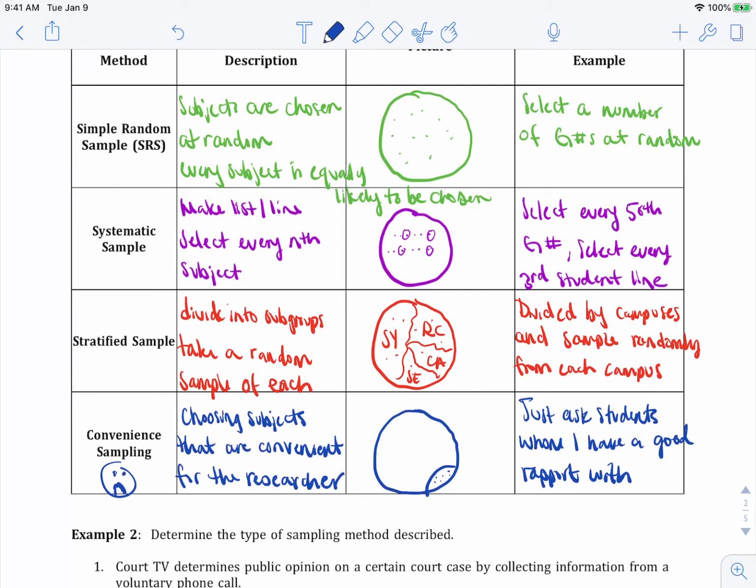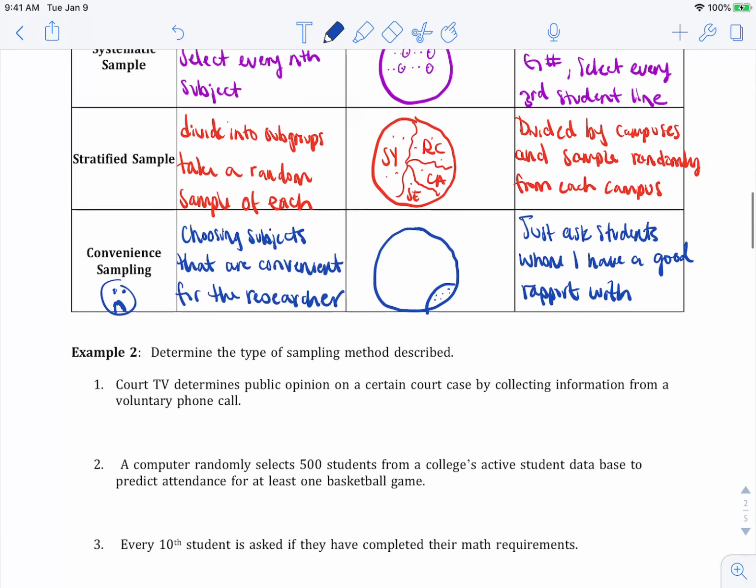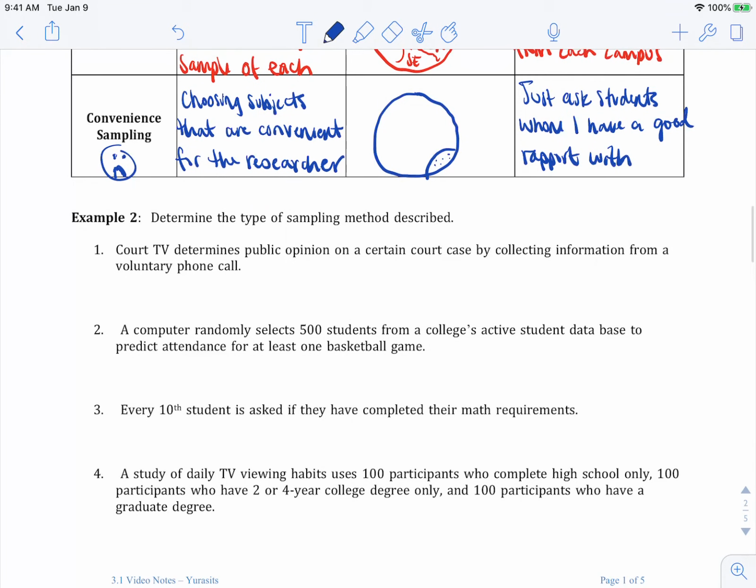Okay, so what I would like you to do is pause the video and see in example 2 if you can determine the sampling method in each of these 4 cases. And once you are done, unpause, and you can check. All right, so one says, Court TV determines public opinion on a certain court case by collecting information from a voluntary phone call.